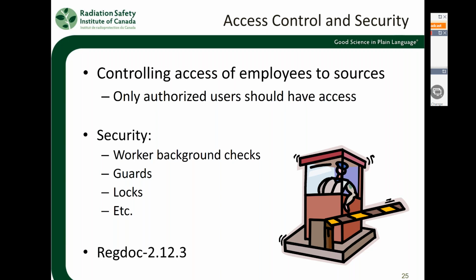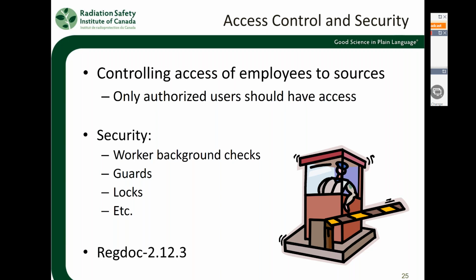For all radiation source users, open or sealed, you need to have security procedures and access control. So a statement that authorized users are the only ones to have access to the sources, and how are the sources secured? Are there guards on the premises that prevent outside individuals from getting into the workplace, so only workers are able to be on site?